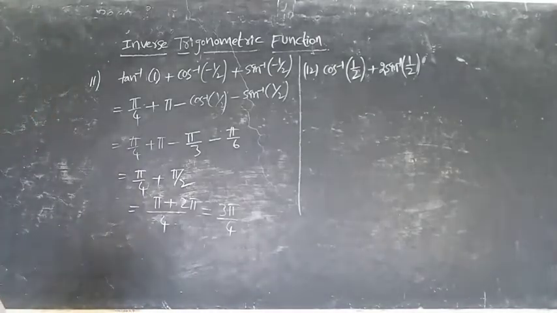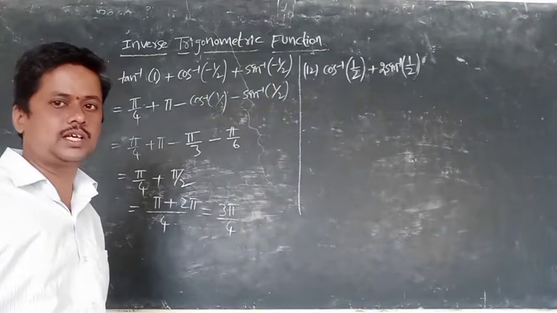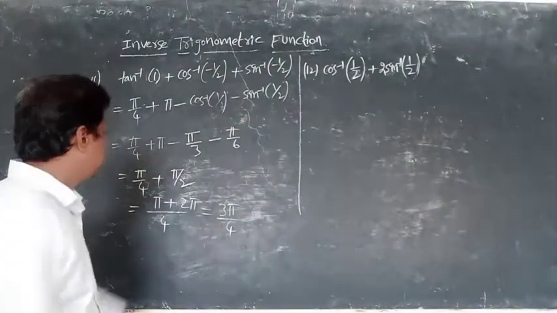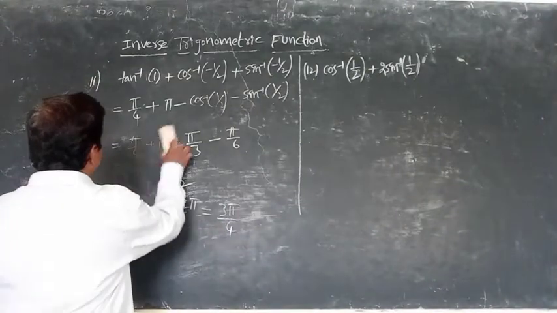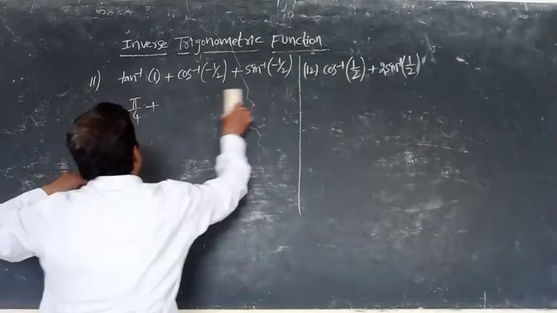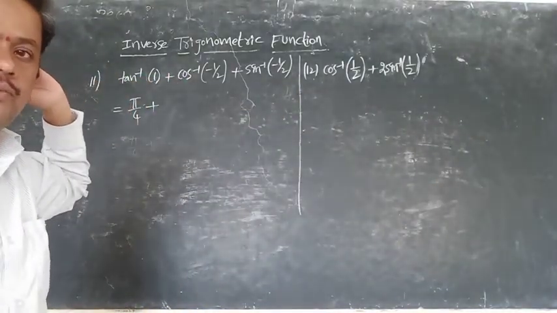Now, how to solve this problem easily using the CET technique? The answer is 3 pi by 4. Directly, tan inverse 1 is pi by 4.